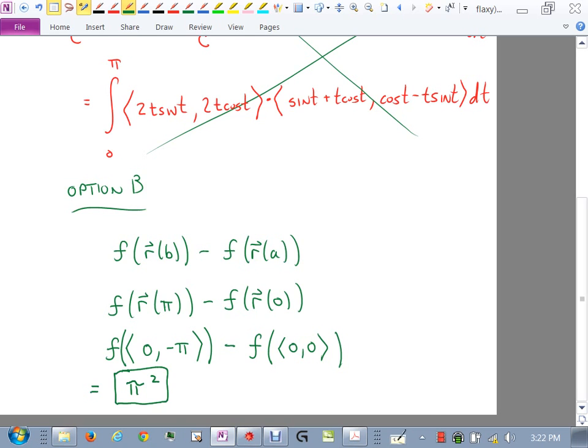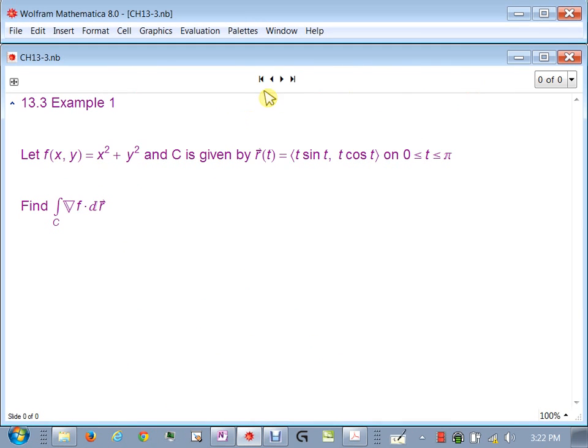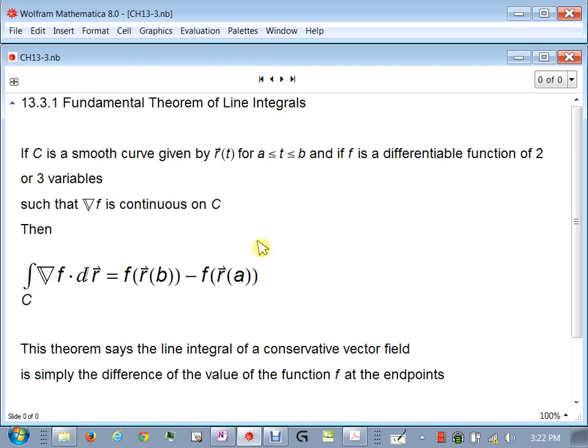Now there were some conditions. I mean, we had to have some conditions for this theorem to work. C was a smooth curve, right? Smooth meant what? The derivative. What did it mean for a curve to be smooth? Yeah, that's right. Derivative could not be 0, right? The points couldn't be 0, except possibly at endpoints.